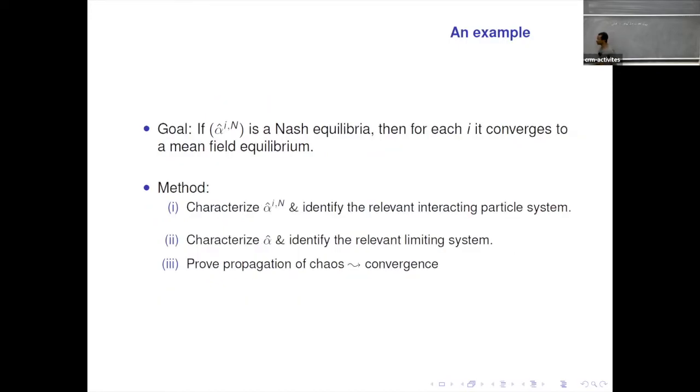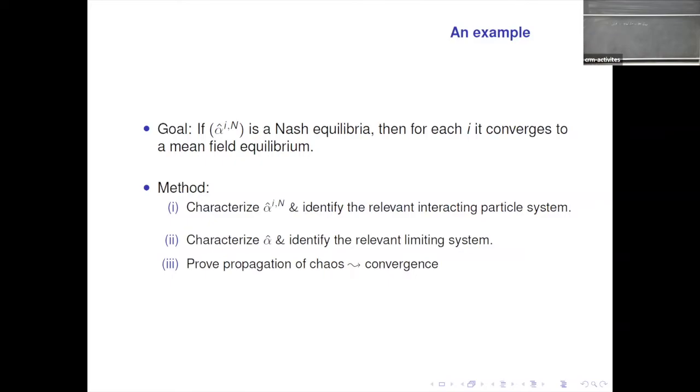Now, the approach that we are going to use is the following one. We can delineate it in a three-step method. The first one is to say, well, let us be given a Nash equilibrium. And in that case, a bit like in the PDE framework, we try to find a way of characterizing it, solving something that looks like an HJB equation.